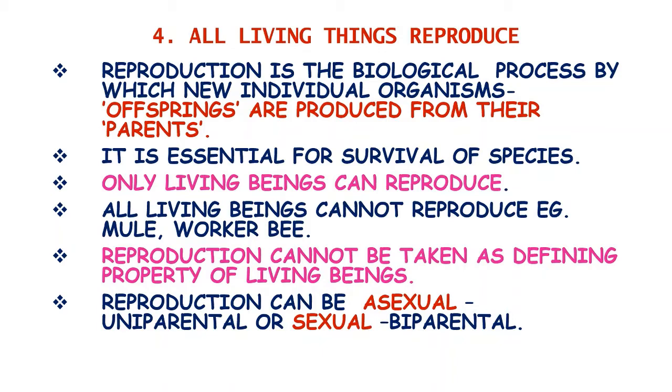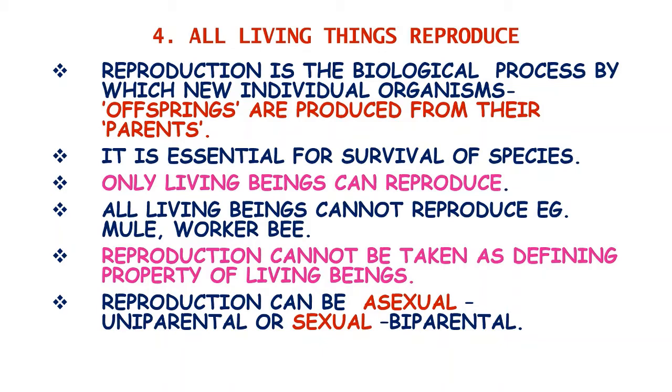The worker bee, which is a caste of honey bee, is a sterile female, it cannot reproduce. So, although reproduction is a basic property of living beings, all the living beings do not reproduce.